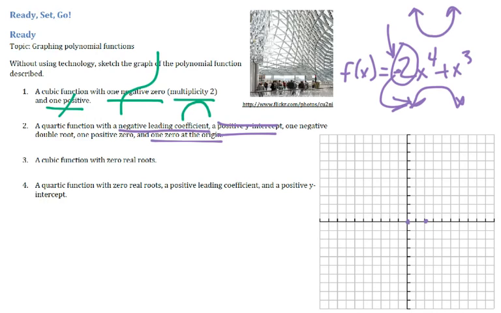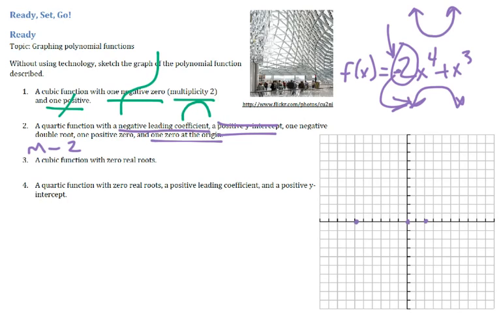So 1 negative double root. I'm not sure what they mean by a double root, unless they mean the multiplicity of 2. That's the only thing I can figure. Yeah, that's what I'm going to call it, multiplicity of 2. So negative 1, let's go clear out here.